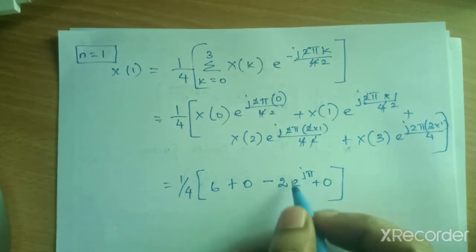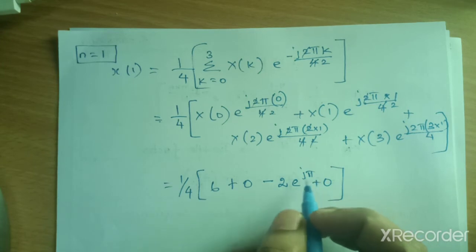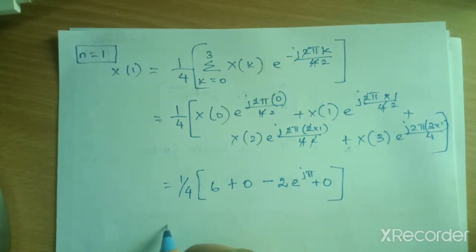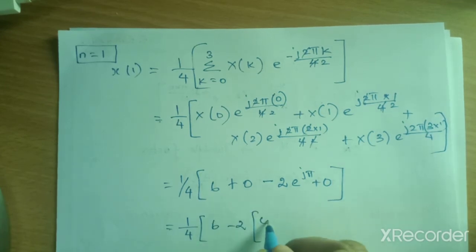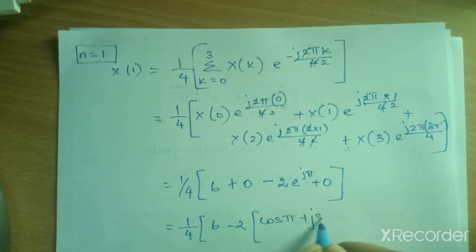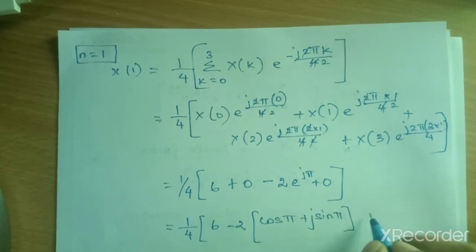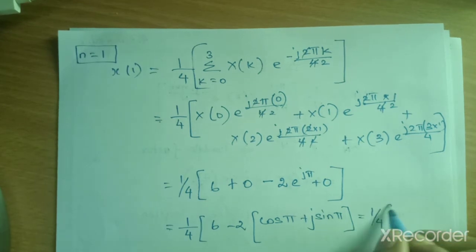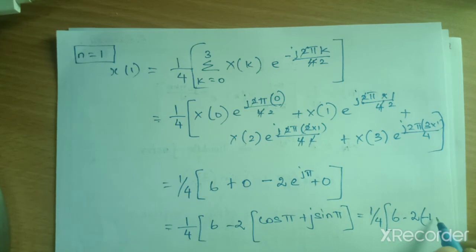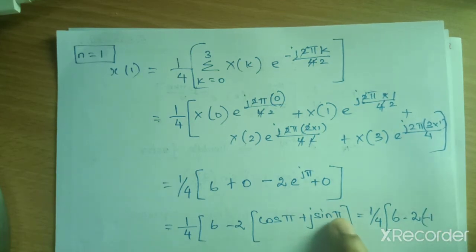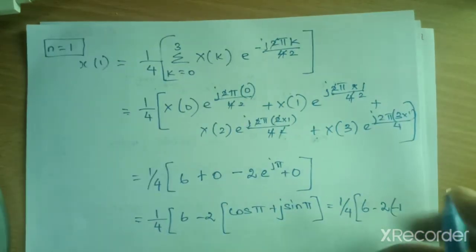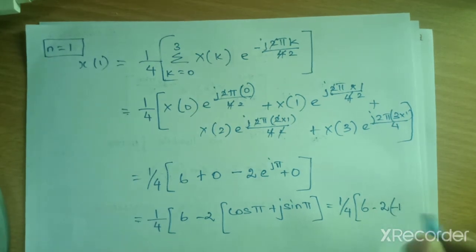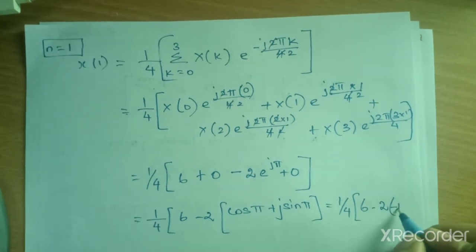Next you have to substitute the e power j pi in terms of cos theta plus j sin theta. So 1 by 4 into 6 minus 2 into cos pi plus j sin pi. So the term becomes 1 by 4 into 6 minus 2 into cos pi value will be minus 1 and plus j sin pi value will be 0.